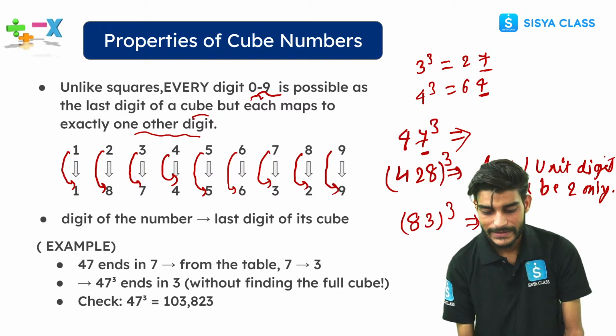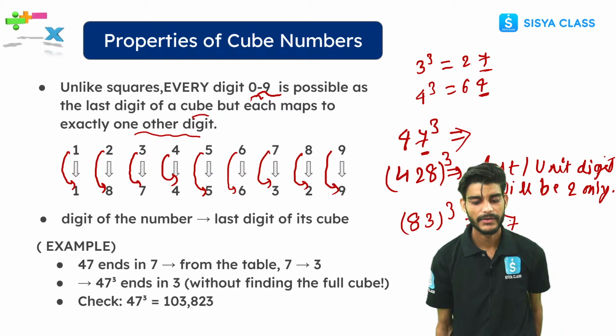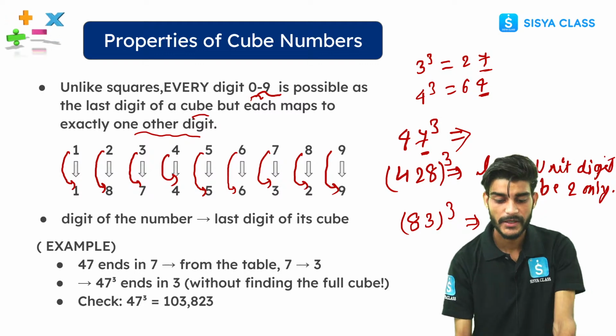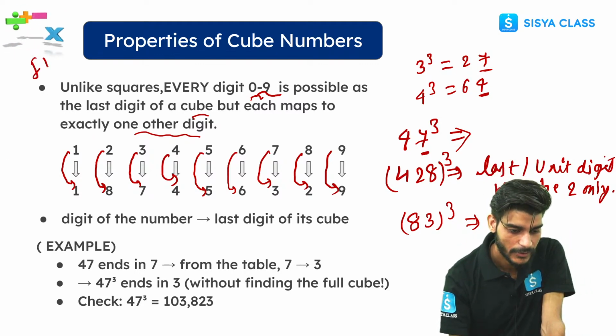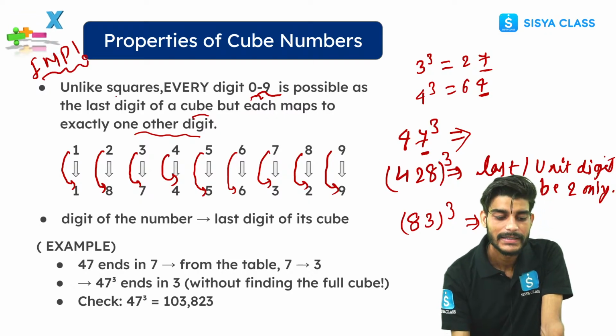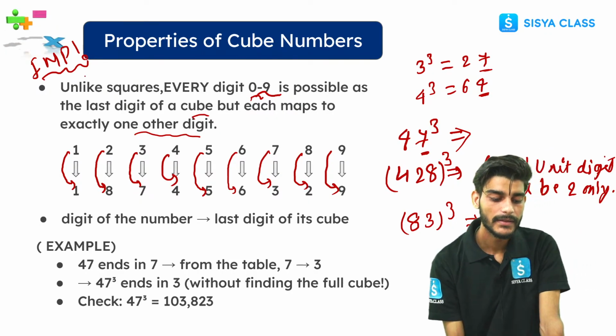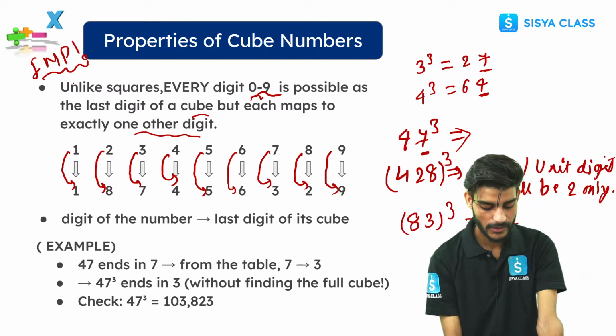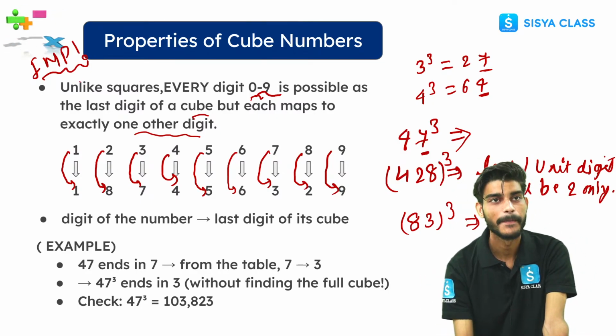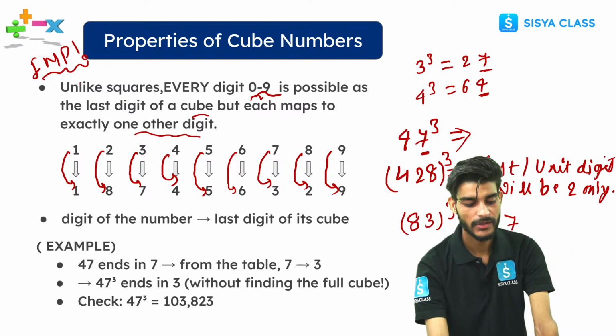So the units digit will be 7. Simple, but very interesting. So this trick you have to remember. This is a very important trick to find the units digit, and this helps in excluding the options. If you want to eliminate the option, this trick will be helpful for you. Clear?